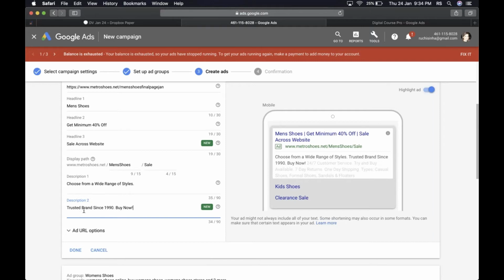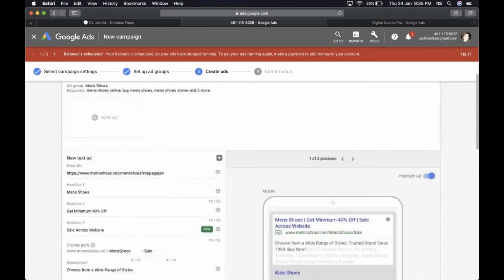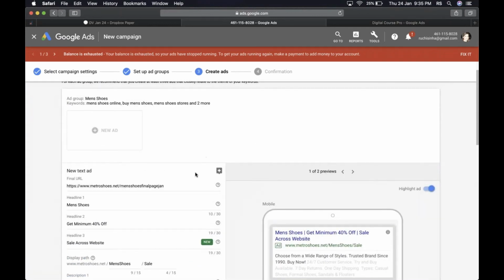And then I'm ending it, this is important, with a call to action saying people buy now. So this is called a call to action. I'm asking people to buy now. I can say register now, enroll today, things like that. So this is the first ad I have created for men's shoes.